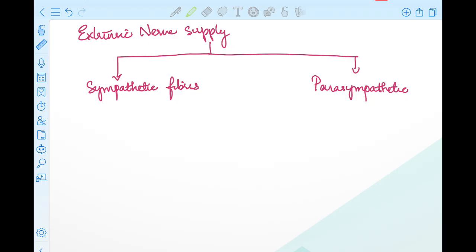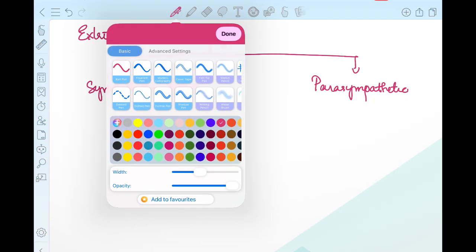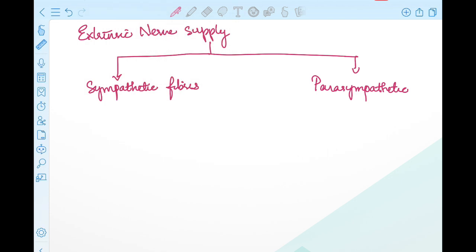So the sympathetic fibers. Each of these sympathetic as well as parasympathetic fibers will have preganglionic as well as postganglionic fibers. Preganglionic means before reaching a particular ganglion, the fiber is known as the preganglionic fiber, and the fibers after going through the ganglion are known as the postganglionic fibers.